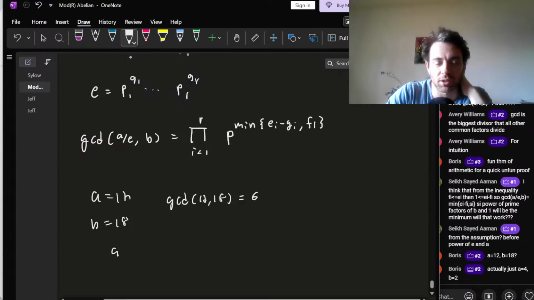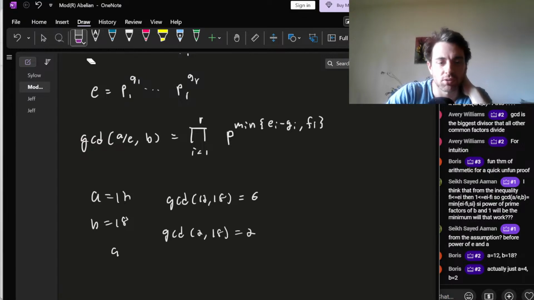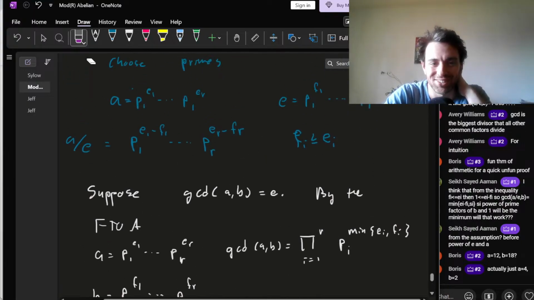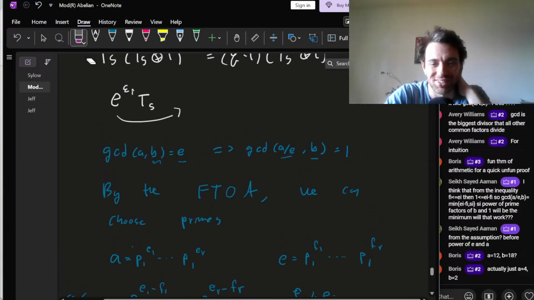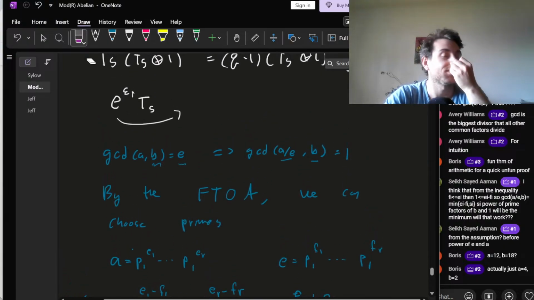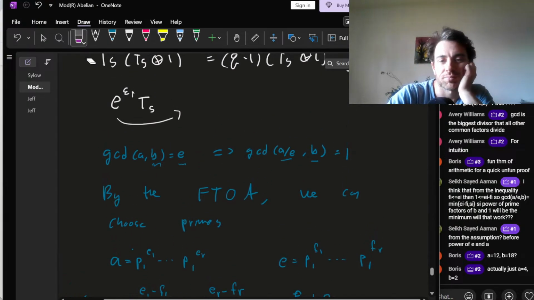A is 4 and B is 2. Well, I already started this one. So then GCD of 12 over 6 is 2 and 18. Counterexample. Yeah, so it's not even true. There we go. Hmm. Right.